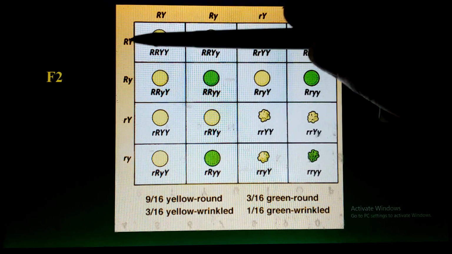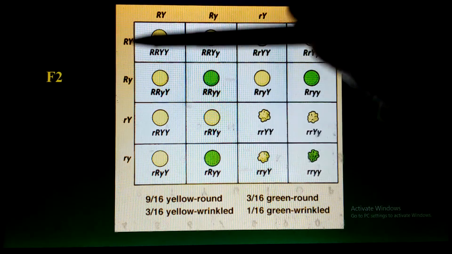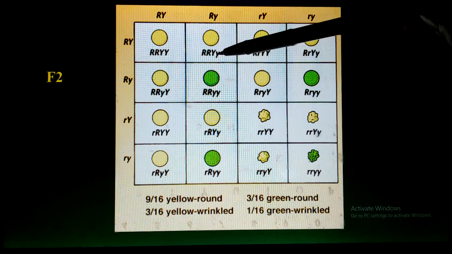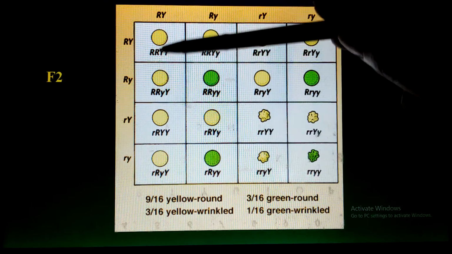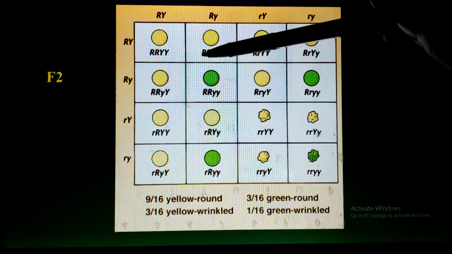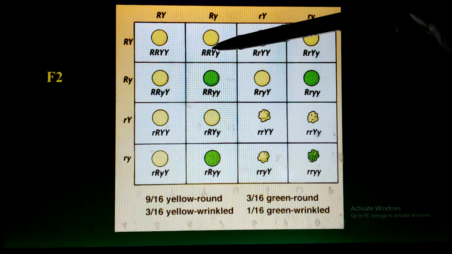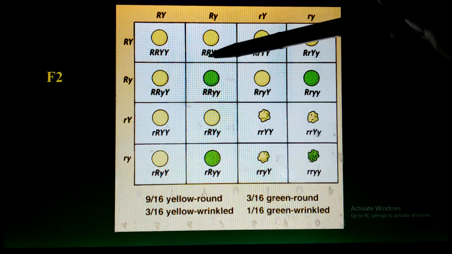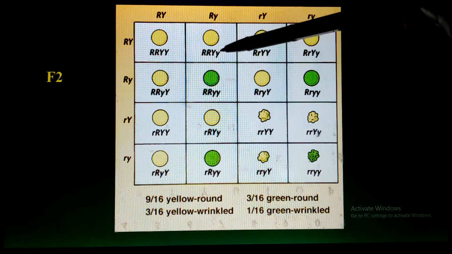Second case: capital R, capital Y with small r, small y. Is it clear? So this is the homozygous, round and yellow. This is homozygous for round shape and heterozygous for the yellow color, because this is the combination of homozygous and heterozygous.